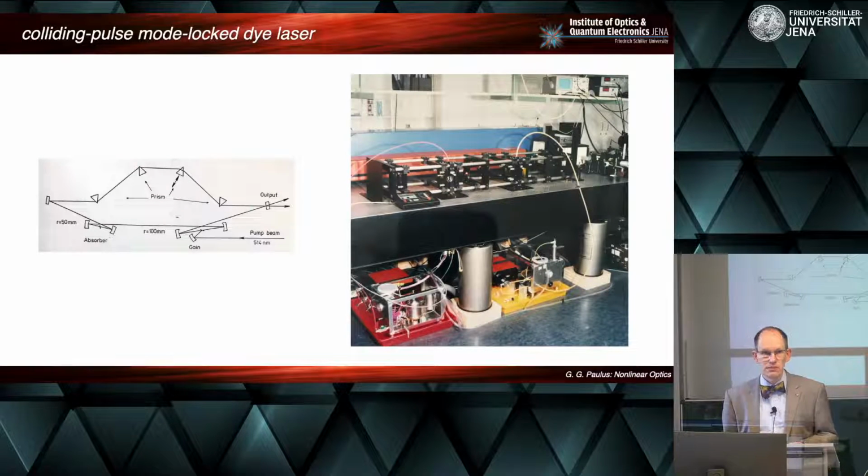another very important application of saturable absorption is the generation of ultra-short pulses. In order to generate ultra-short pulses, you need to couple the modes of a laser. Yeah, so first of all, you need to build a laser that has as many modes oscillating at the same time, and then you need to couple them.